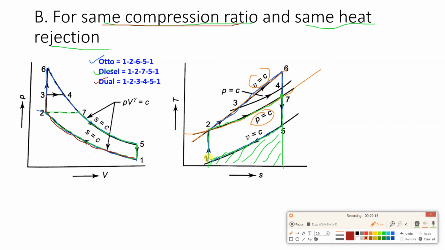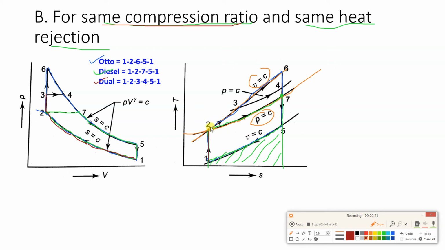Now we will see TS diagram. Process 1 to 2 is isentropic compression, and we are maintaining the same compression ratio. So all the processes 1 to 2 for all the 3 cycles will be the same. Then 2 to 3, which process is this? Constant volume. So from here, this curve, if you see this one, it was the constant volume curve.